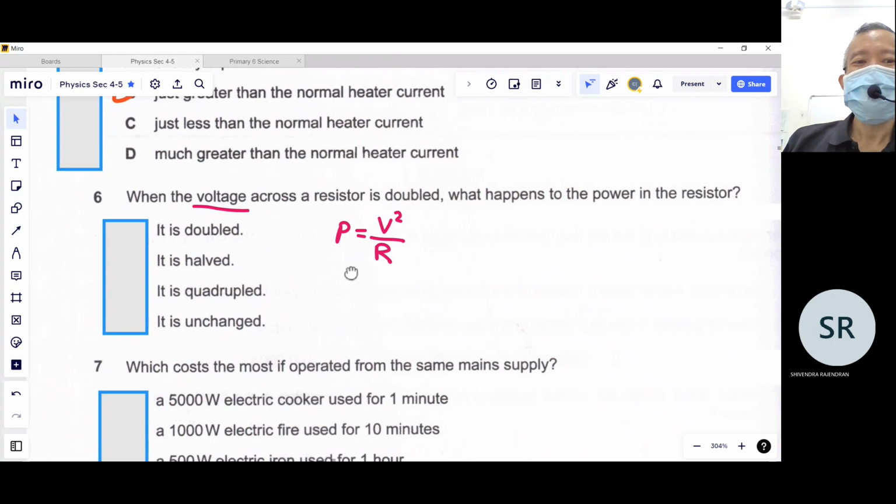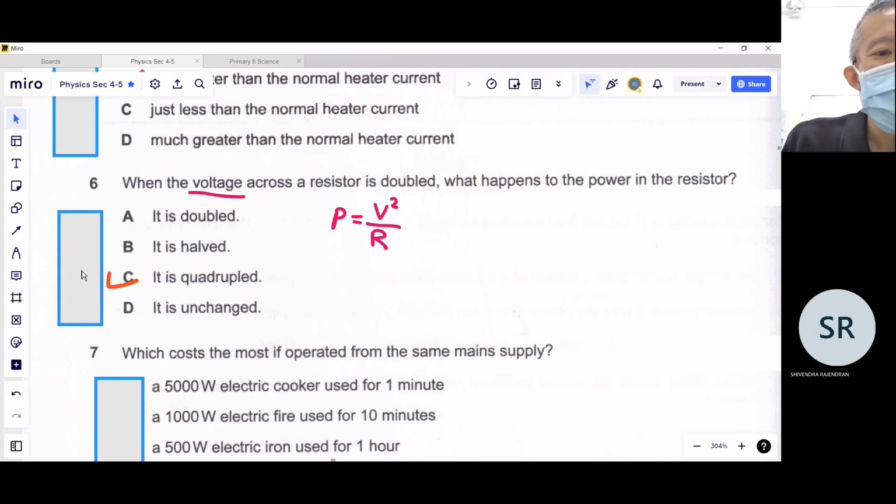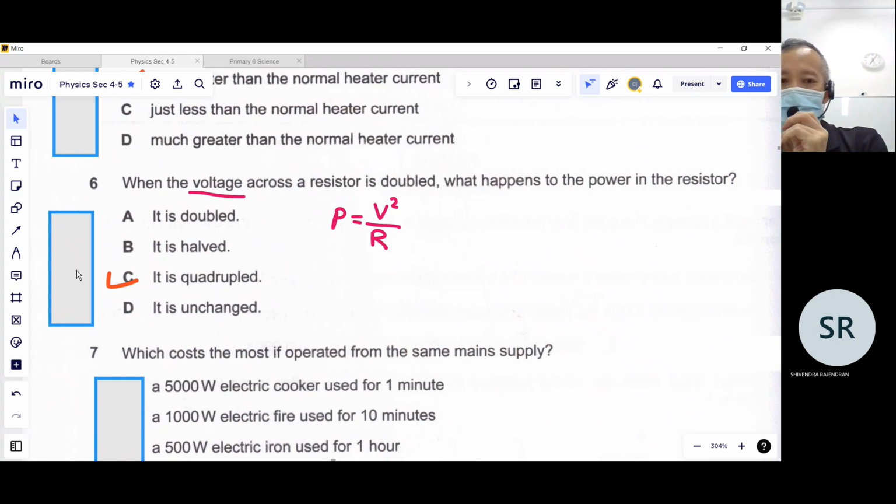Right, number 6. Again, make sure you get it right, because when your voltage is doubled, it means my V becomes 2V.